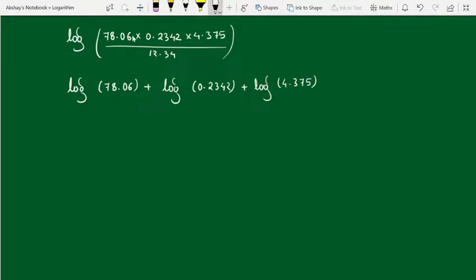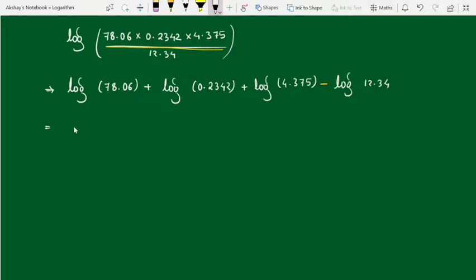Now the denominator, this is like p by q now. This quantity minus this quantity. This quantity includes multiplication or product. That's why plus signs have come here. Now this is my division, how I had informed you. Yes. Minus. Very good. What I can write? Log of 12.34.